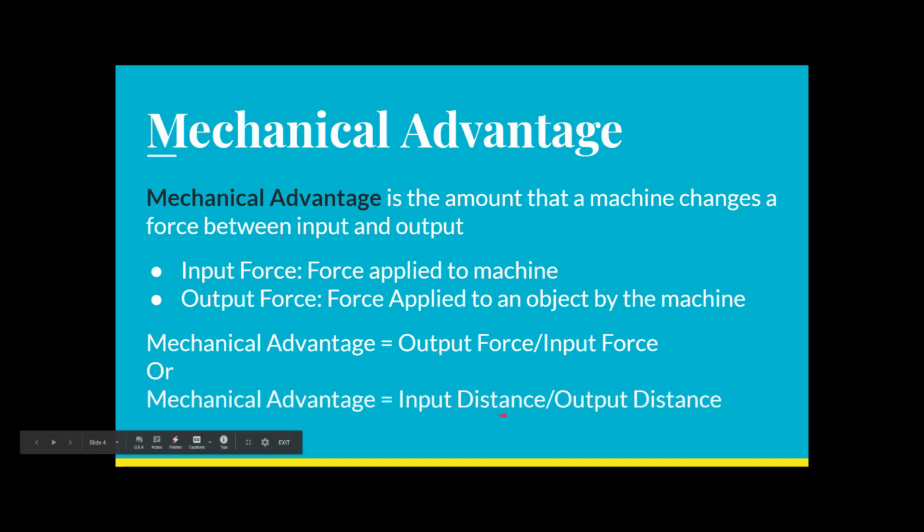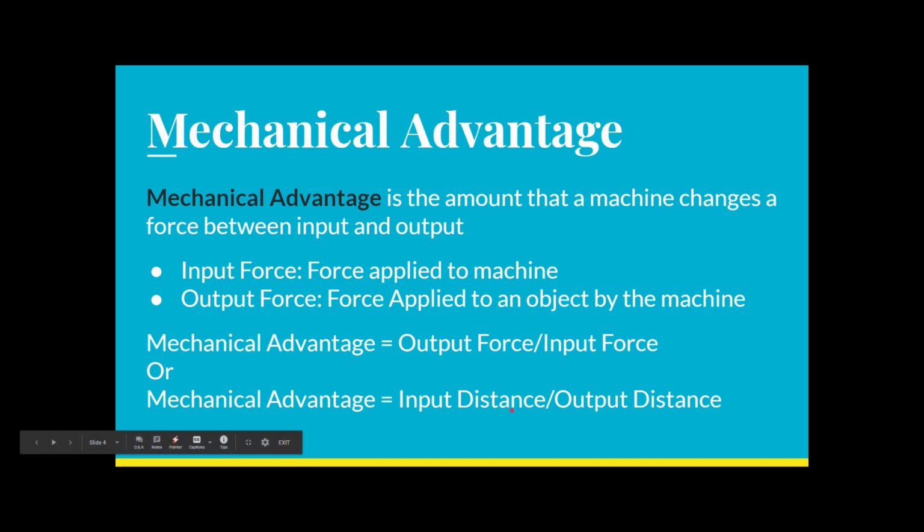Now, forces can be hard to measure, so there's another way we can calculate this as well. And that is to look at the distances. So mechanical advantage can also be calculated as input distance divided by output distance. Now, that's because distances are easier to measure. We can do that with just like a ruler or a tape measure, and it's pretty easy to measure and calculate.